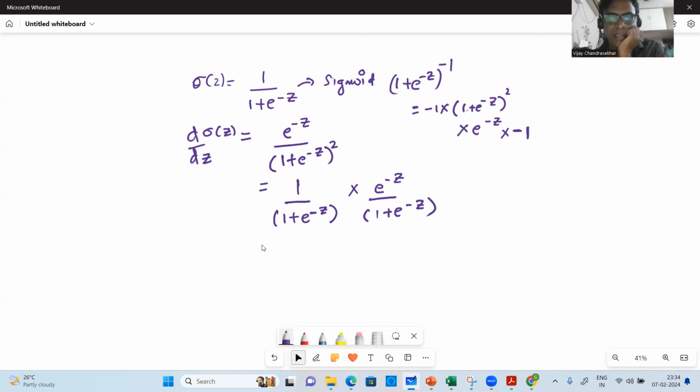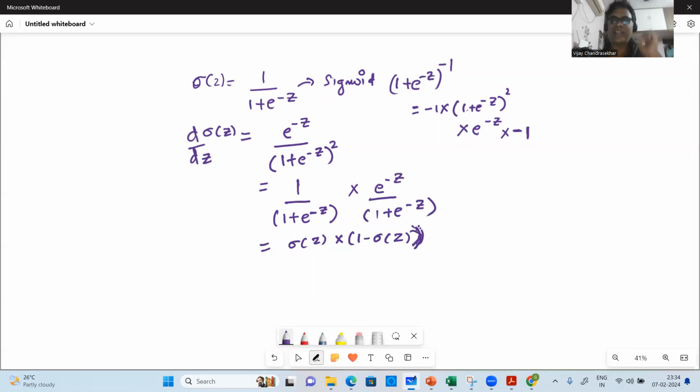And this is nothing but sigma z into 1 minus sigma z. Would you agree, folks, on the call? I don't know what's wrong. Sorry, I'm unable to put that. Yeah, sorry. Any questions so far?